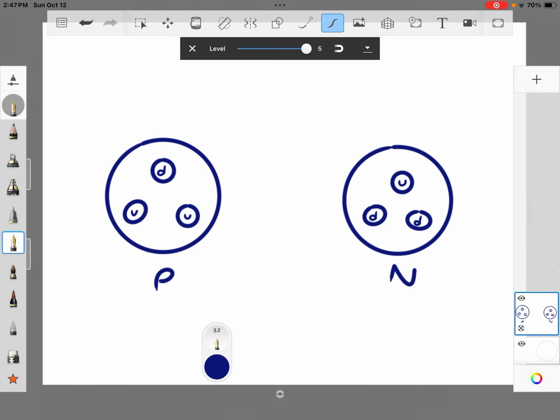Basically these quarks keep themselves together in the form of a subatomic particle with the help of what we call gluons. Gluons are a type of boson, which are like the carriers of force. The gluon is a carrier of what we call the strong force, which basically keeps all these things together.